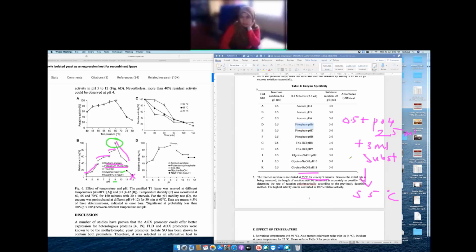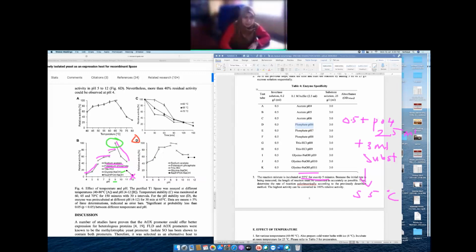Okay, so done. From this experiment, basically with that room temperature incubation for 15 minutes or half an hour, what you can see now is that you have got the range of pH stability. If you look at this D, the way we interpret this data is by looking at the range of pH where this enzyme can survive.